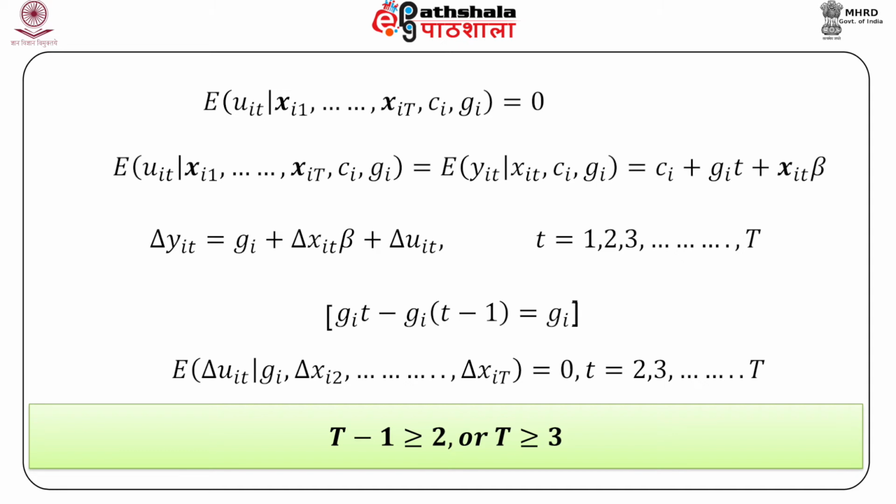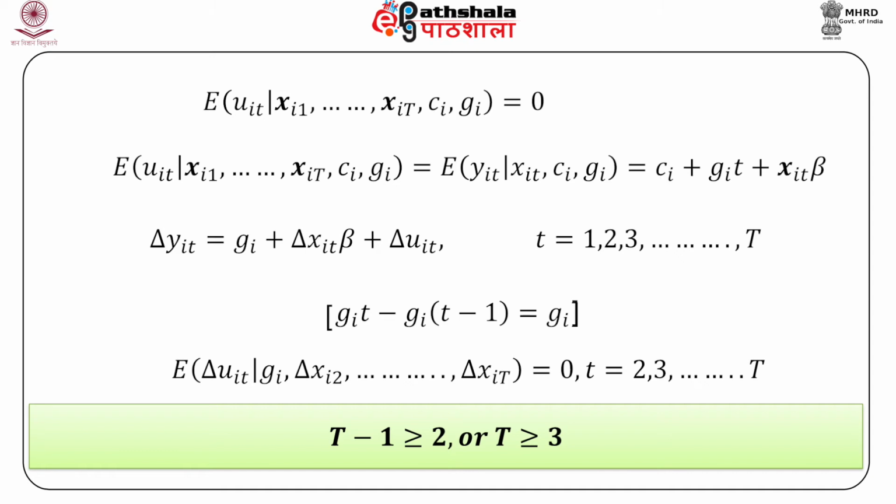In this equation, we primarily estimate beta. Now one approach to estimating beta is to difference away Ci, which means we take delta Yit equal to Gi plus delta Xit beta plus delta Uit, where again t takes the values from 2 to capital T. Now this is our equation 12.